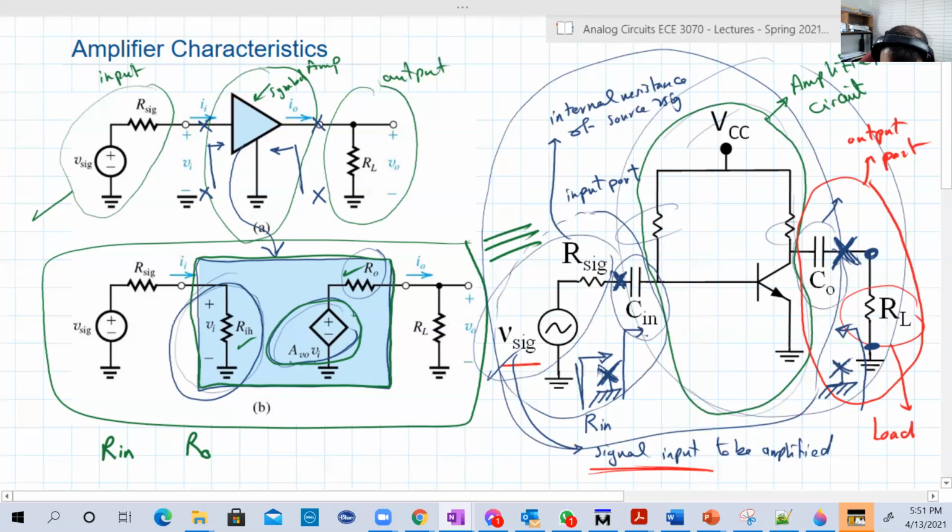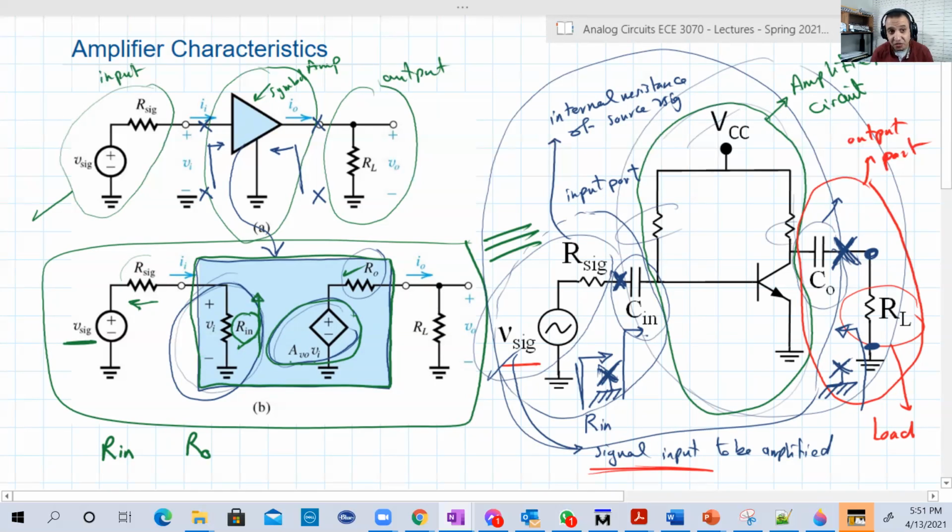What is VI? VI here is the voltage across the input. We wanted to amplify V signal, but since there is R signal here, some of it goes to R signal and some of the V signal goes to our input. And that's what we basically amplify.